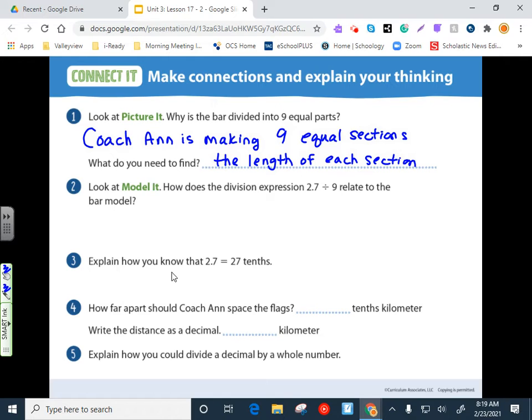How's the division expression 2.7 divided by 9 relate to the bar model? You are dividing 2.7 kilometers into 9 groups.